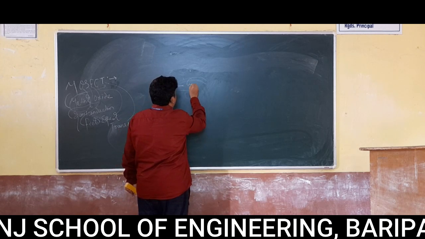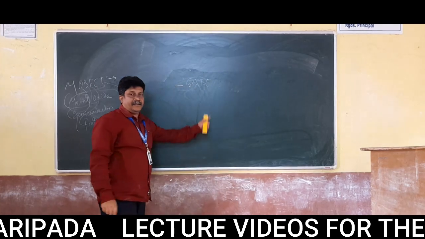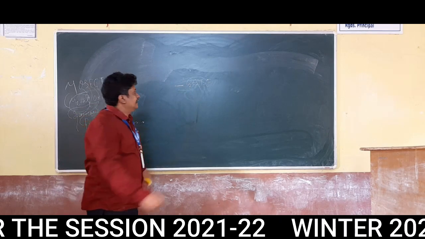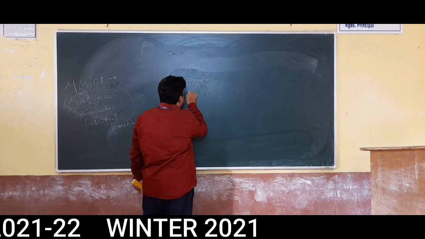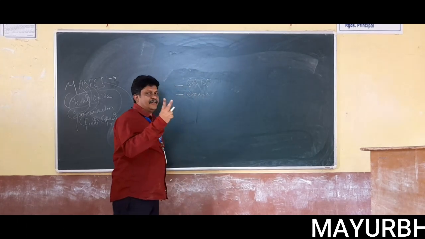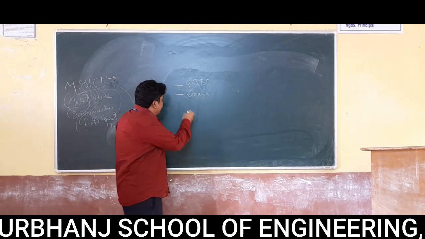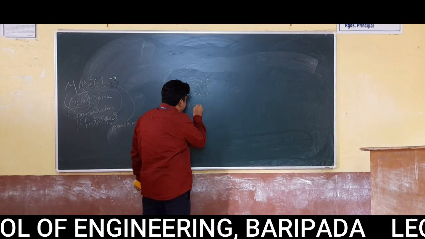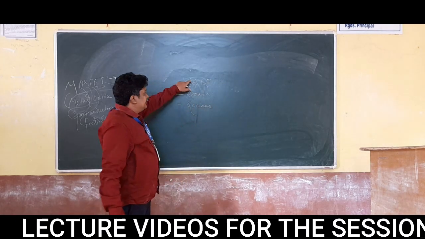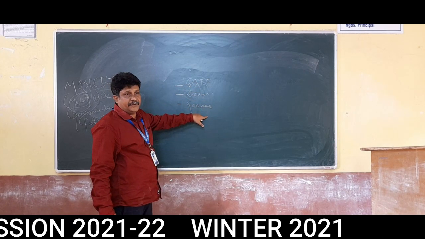One is our gate terminal. The second is our drain terminal. The third is the source terminal. These are the 3 main contact points of a MOSFET.